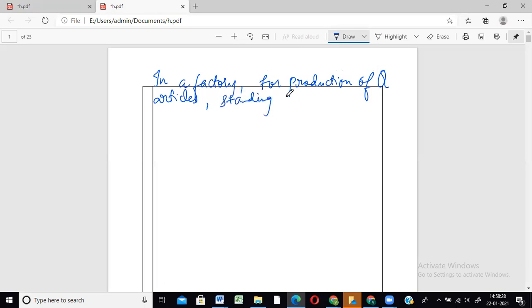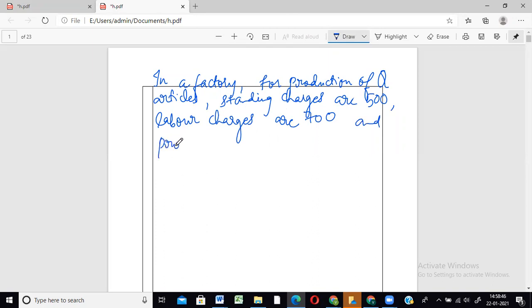This word problem says, in a factory for production of Q articles, standing charges are 500, labor charges are 700, and processing charges are 50Q.